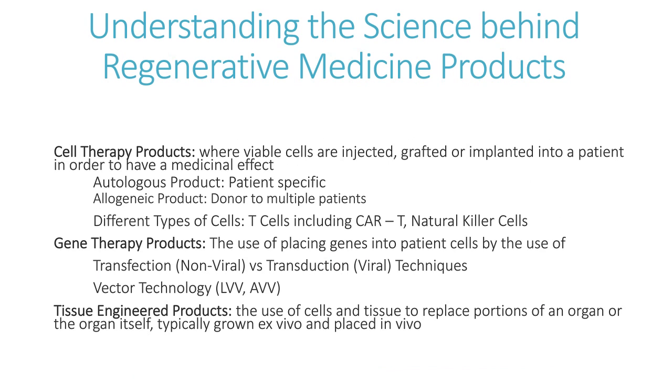Cell therapy products typically are viable cells that are either injected or grafted or implanted into a patient. There are two basic categories that have evolved so far. Most of the approved products are autologous, meaning that they're patient-specific, meaning that cells are extracted from the specific patient, modified, grown in an ex vivo approach, and then brought back into the patient.